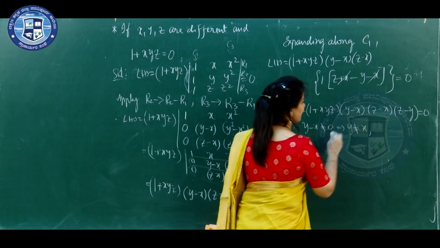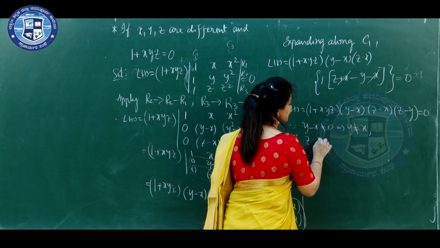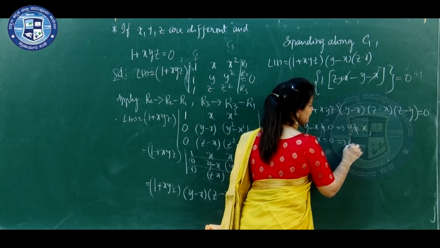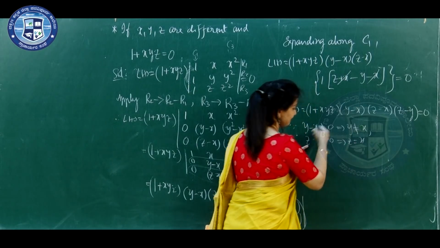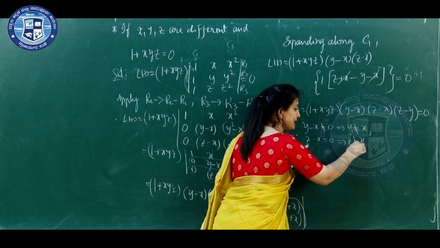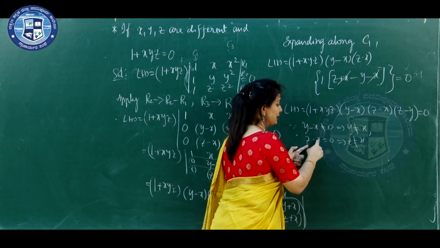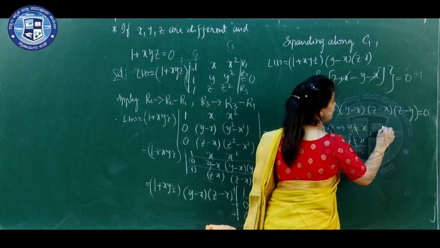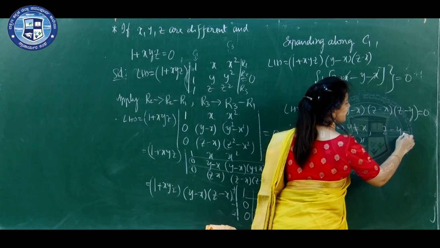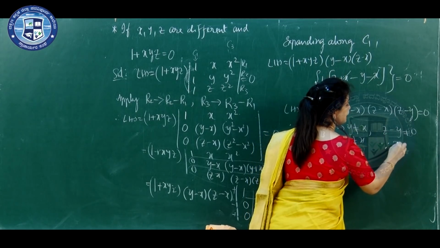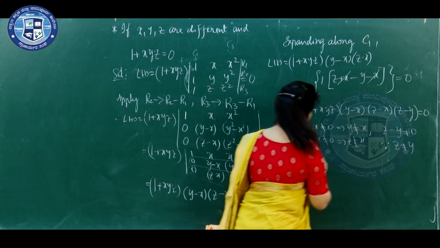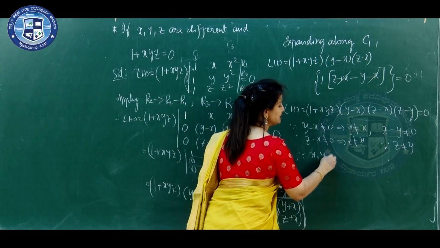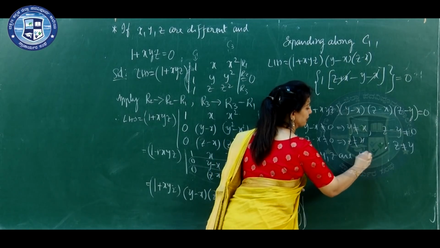Similarly, z minus x is 0 means z is equal to x, but z and x are not equal to each other, so z minus x is not equal to 0. And finally, z minus y is also not equal to 0, because z is not equal to y, since x, y, z are different.